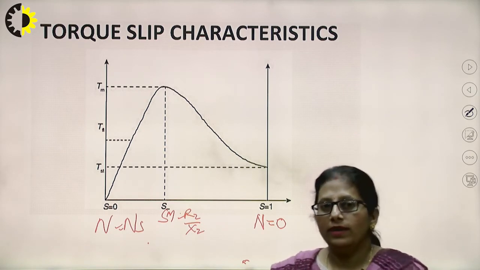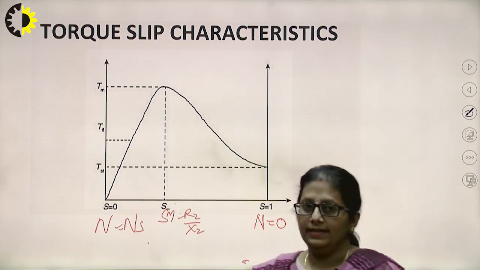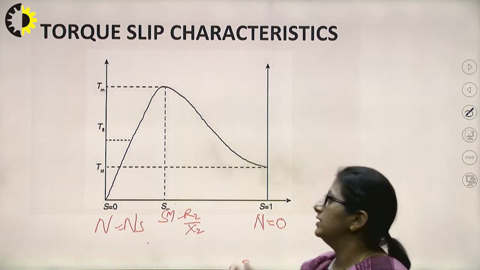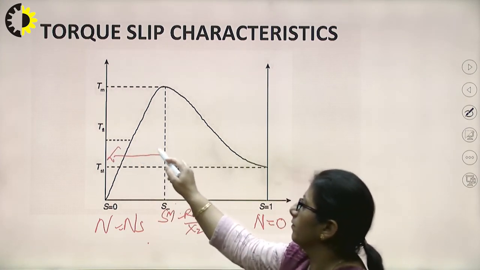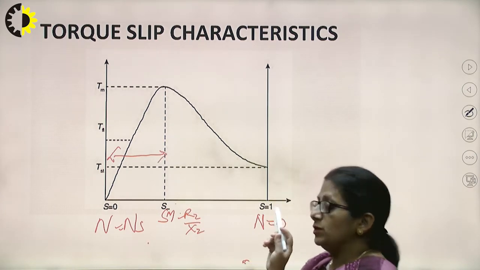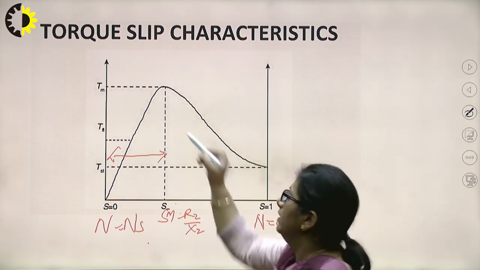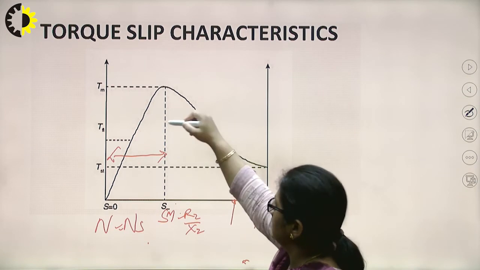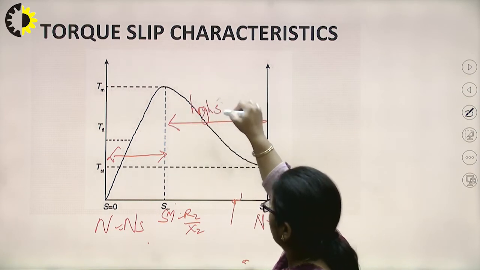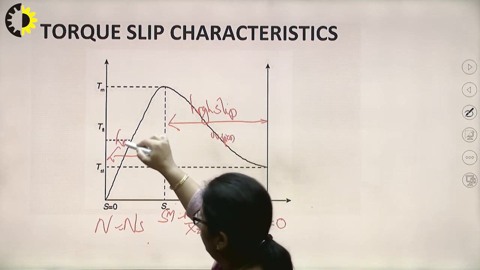One is the portion in which the slip is towards 0, that is between 0 and the slip corresponding to the maximum torque, and another is the region between the slip equal to 1 and the slip corresponding to the maximum torque. This is the high slip region and this is the low slip region.